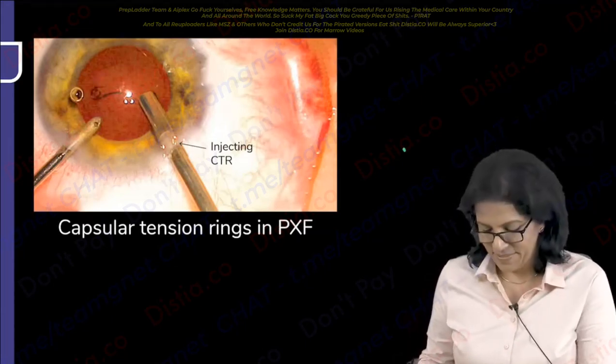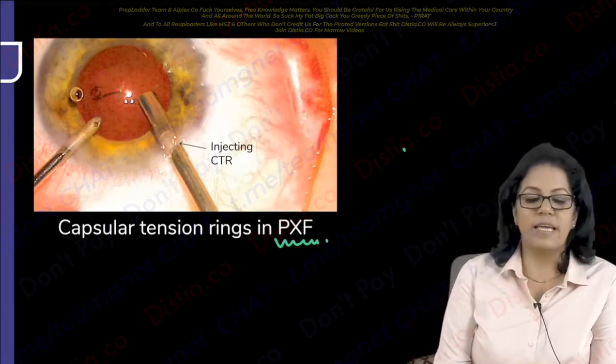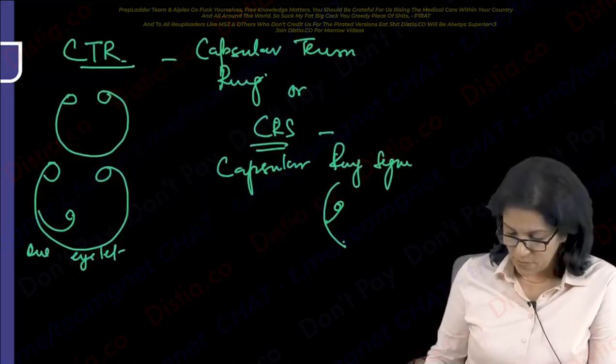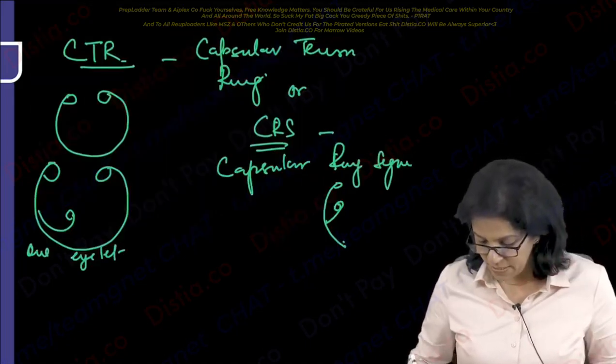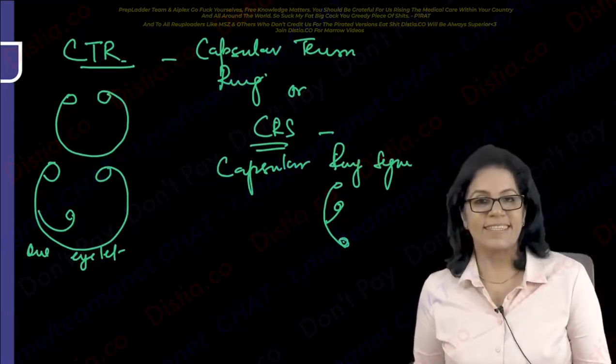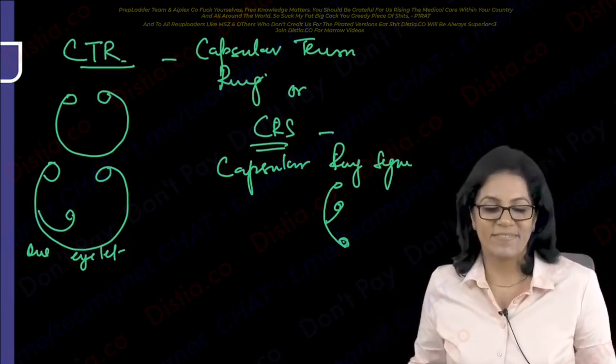Here we are doing it in pseudo-exfoliation syndrome, PXF. So when you draw a segment, you have to draw this also, then only it's a segment. Just correct the drawing like this. This one is with an eyelet. So either it is a whole ring or it is a segment.